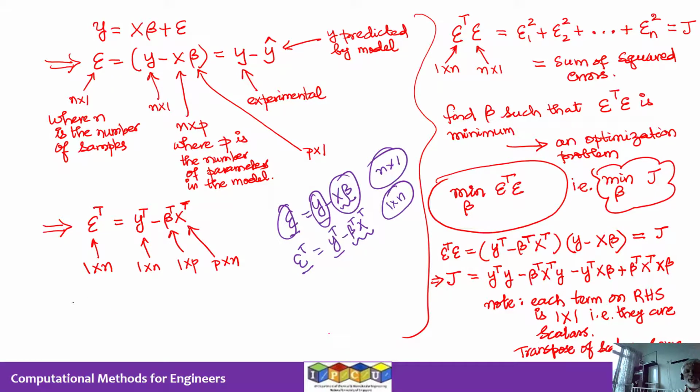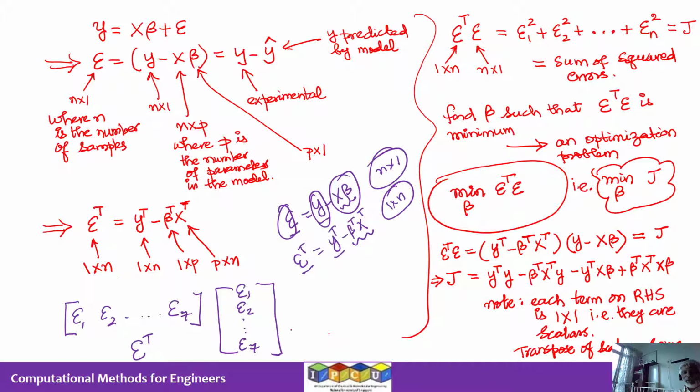What was epsilon? Epsilon is epsilon 1, epsilon 2, all the way till epsilon 7. This is epsilon for us in our example. And what is epsilon transpose? Epsilon transpose is going to be epsilon 1, epsilon 2, all the way till epsilon 7. This is epsilon transpose, 1 by 7.